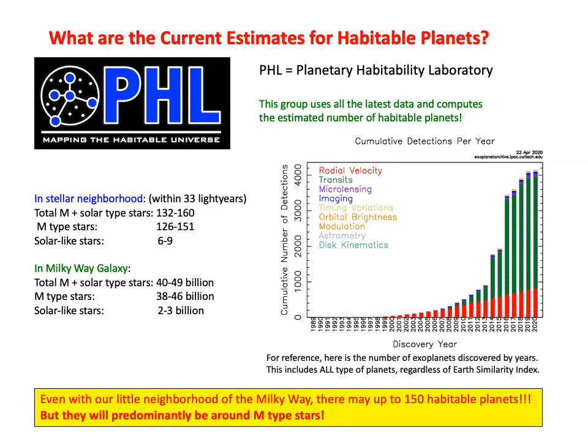That's a factor of about 20, at least, more M-type stars than there are solar-type stars in the galaxy. And so if you take the volume of an M-type star's habitable zone and you multiply that volume by about 38 to 46 billion, you get a very, very large volume of habitable zone.